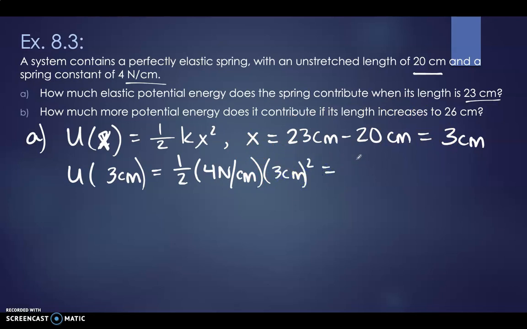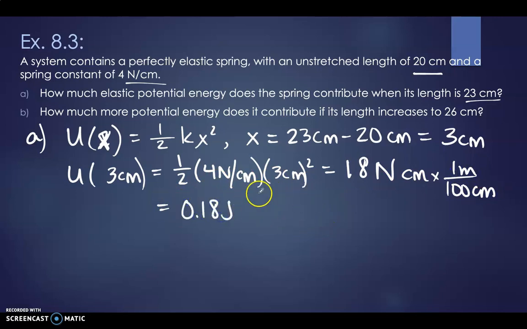We'll put that in our calculators, and we get 18, and this is going to be in newton centimeters. Or if we want it in the proper units, for 100 centimeters there's 1 meter, so this would also be 0.18 joules.